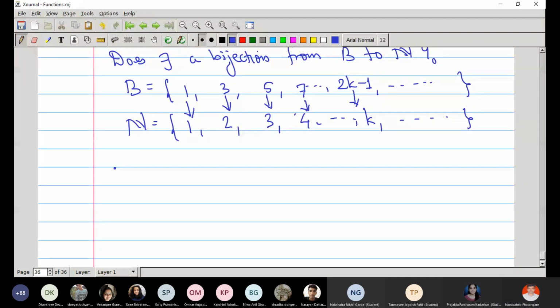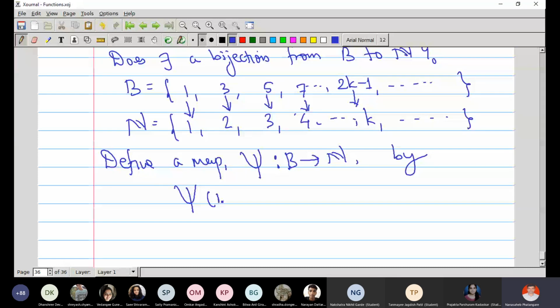No. Define a map, for example, psi from B to N. And what should be the map? Two k minus 1.